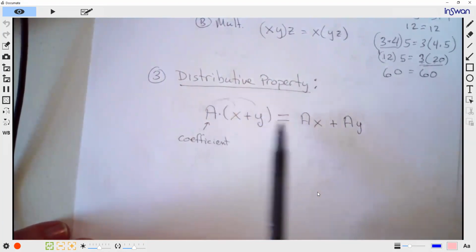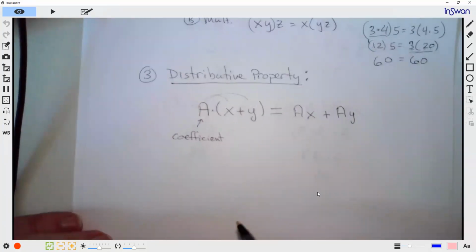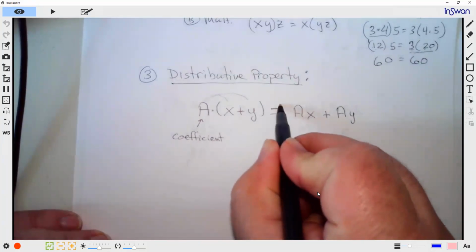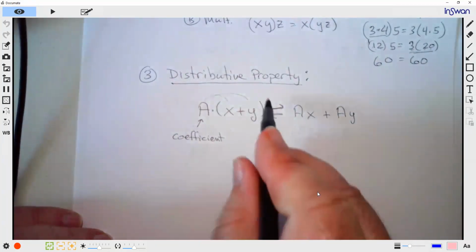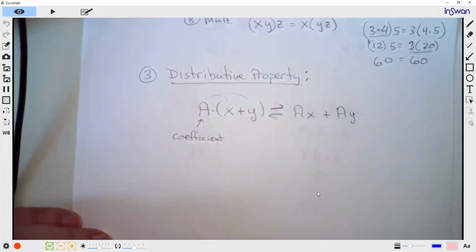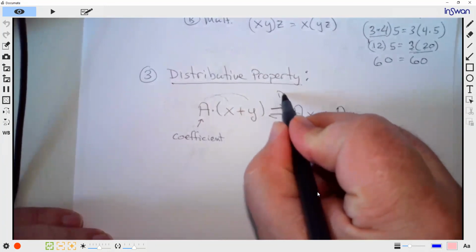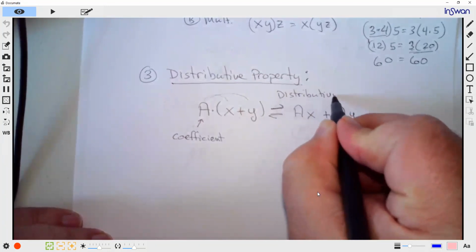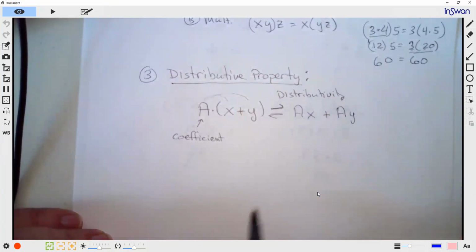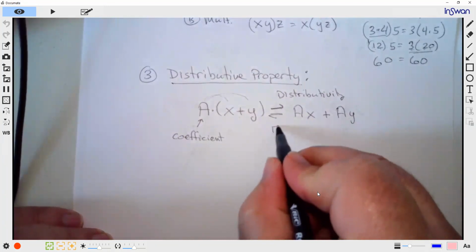The purpose of this is to get rid of the parentheses. I told you earlier that this is a very important rule because it can go both ways. If we go from this way to this way, it's called distributivity. If we go from this to this, it's called factoring.